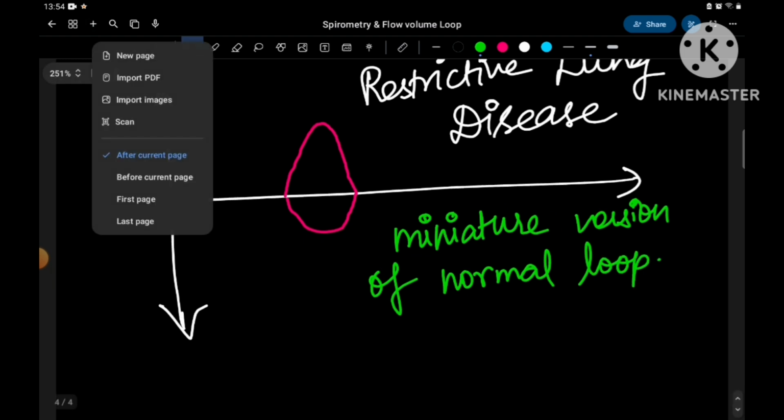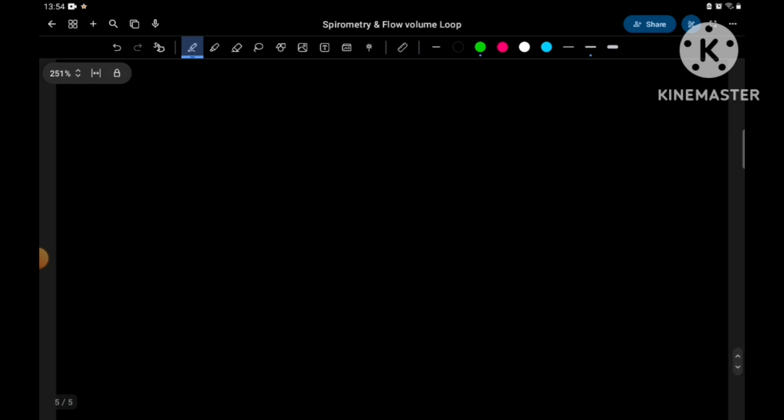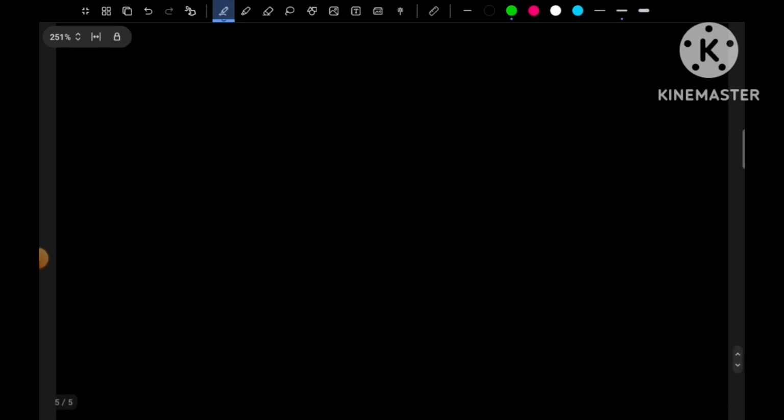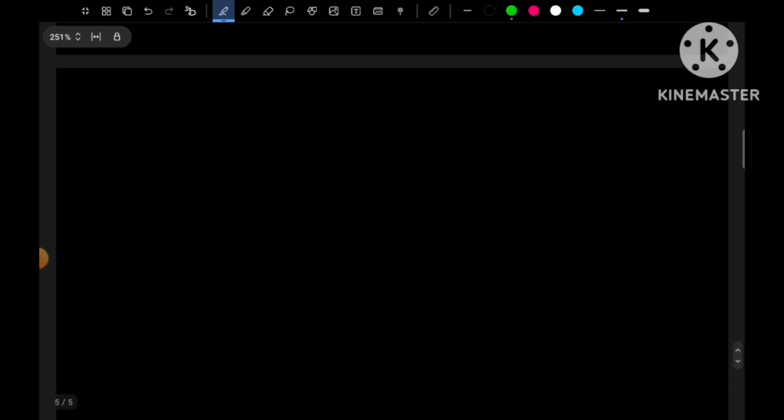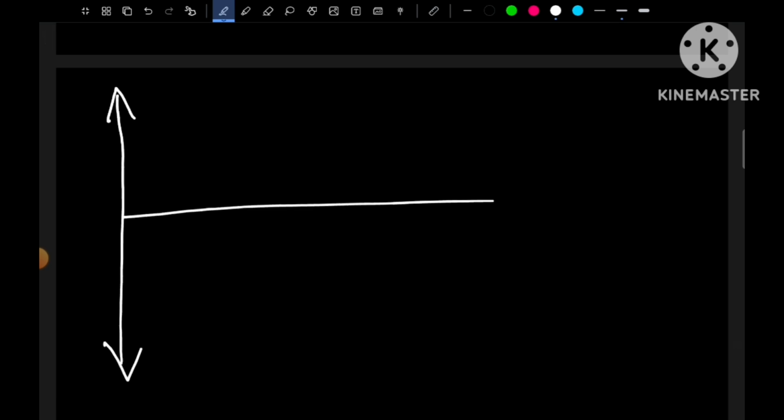Next, we are going to add another page. Right? And what you are going to see is probably the last flow volume loop for the day. See here, guys.